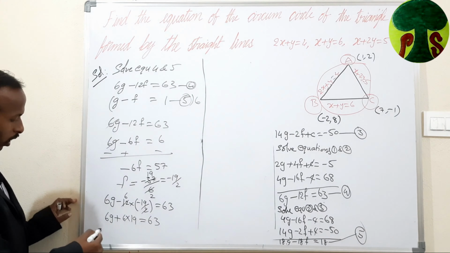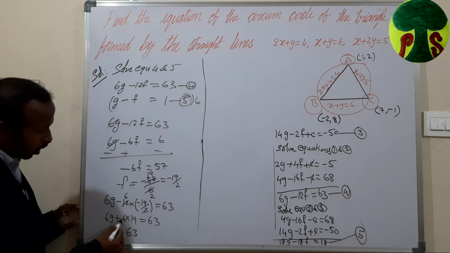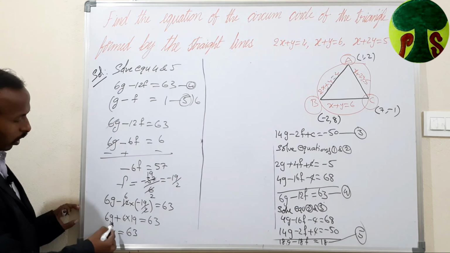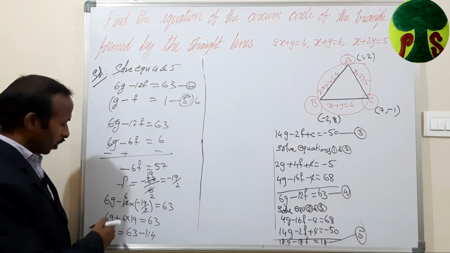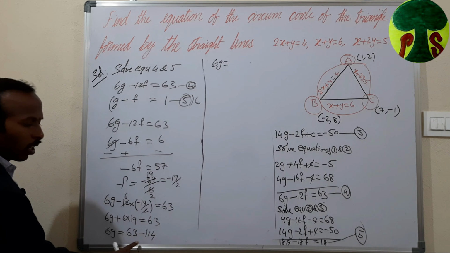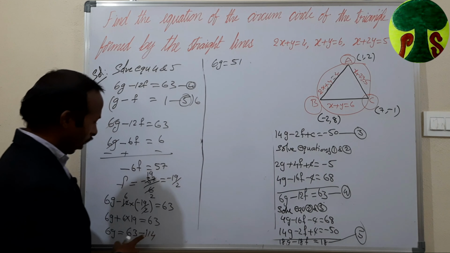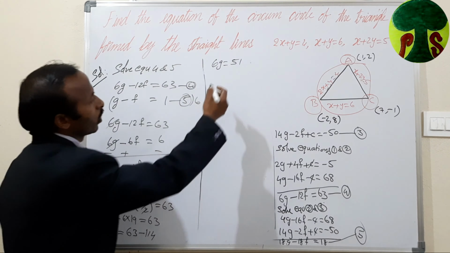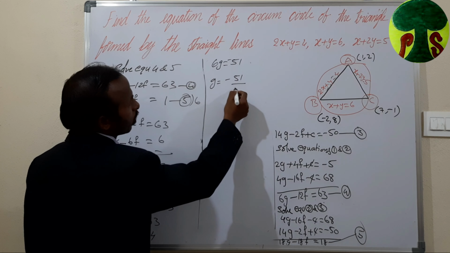Clear? Now 6g equal to 63, 19 sixes are 114, that takes to the right hand side minus 114. 6g equal to 63 minus 114, that is 51. Here the highest number gets the negative sign, so negative symbol. So g equal to minus 51 by 6.